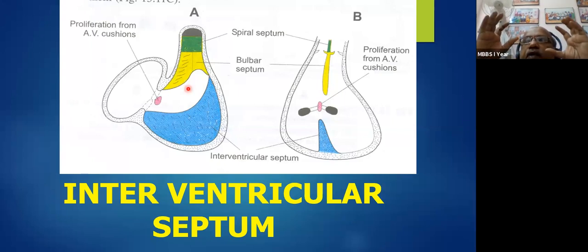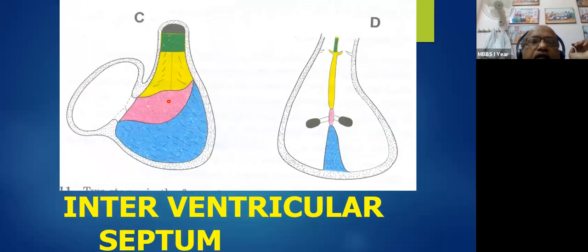So the defect in the membranous part is more common. Why? The reason is all these three are getting fused there: your bulbar septum descending down a little bit, and the proliferation of AV cushion. So it joins with your proliferated septum intermedium. Now this muscular part of interventricular septum also gets fused to form your membranous part. That's why defect is more common in this membranous part.